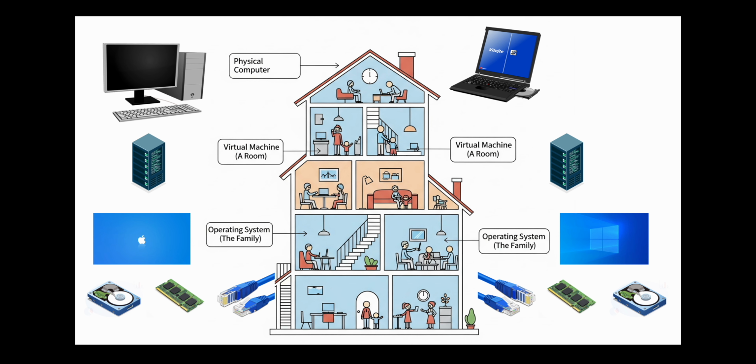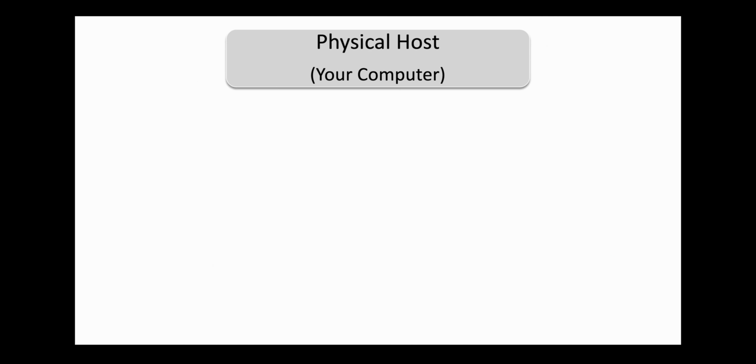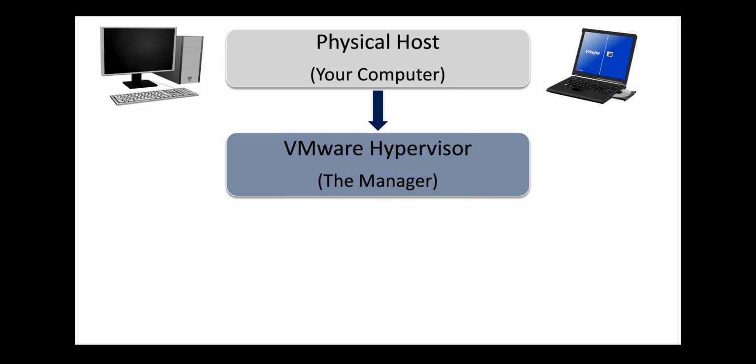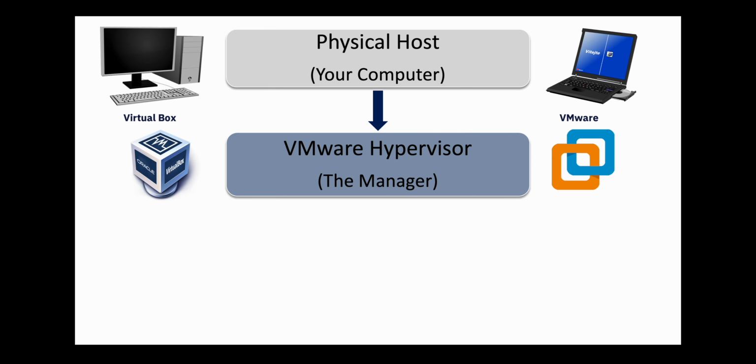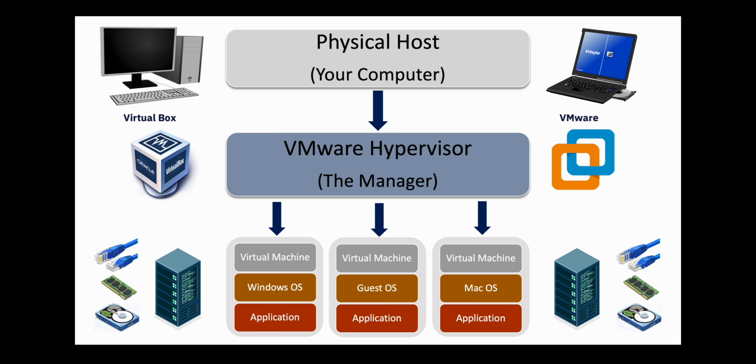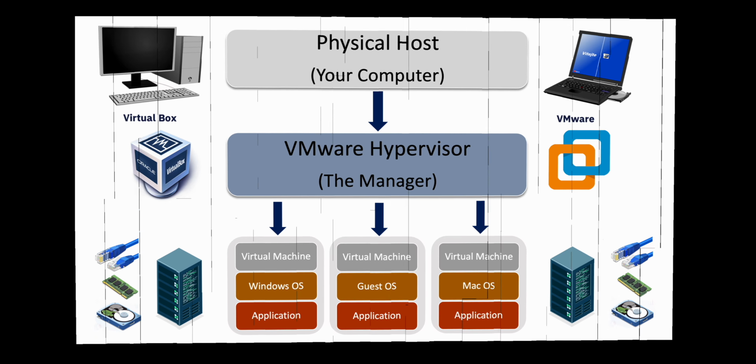and many more. So physical host or your computer can be divided using hypervisor softwares such as VMware or VirtualBox to divide your physical computer into the smaller virtual machines with dedicated operating system, application, and resources.